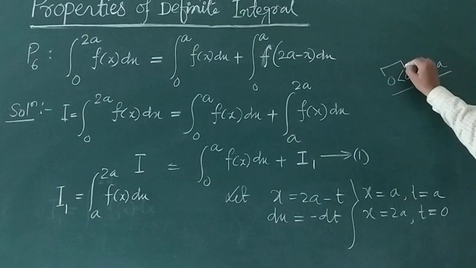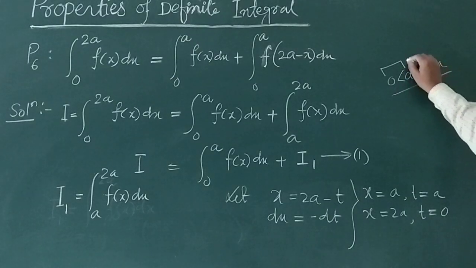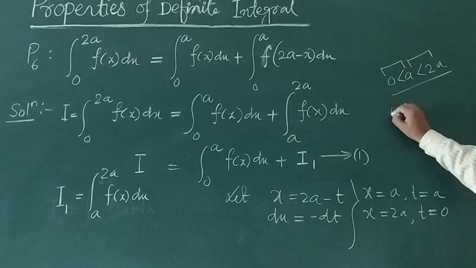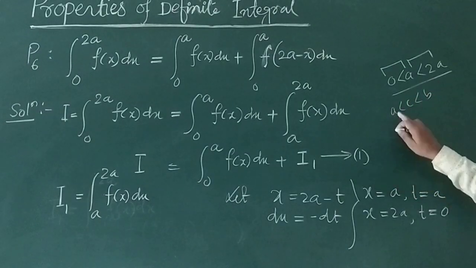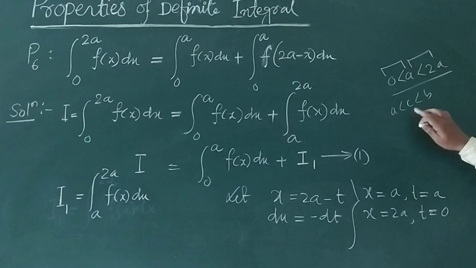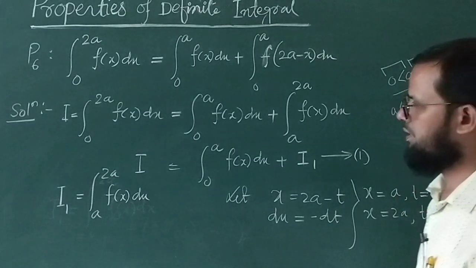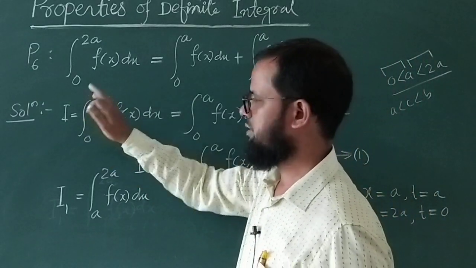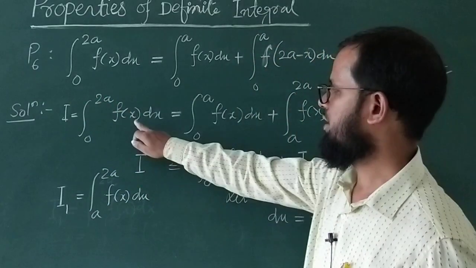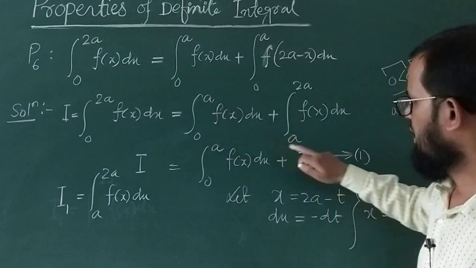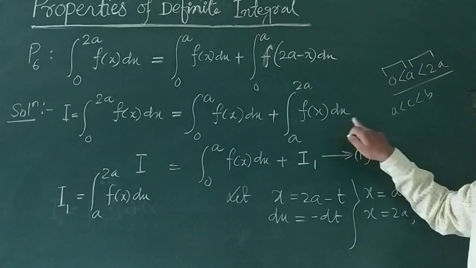So, one integral can be written from 0 to a, another from a to 2a, by using the property that if a is less than c less than b, then the integration a to b f(x) dx can be written as integration a to c f(x) dx plus integration c to b f(x) dx. I am going to apply this property here. Since between 0 and 2a there is a number a, this integral is divided into the sum of two integrals. One integral is 0 to a f(x) dx, another integral is a to 2a f(x) dx.